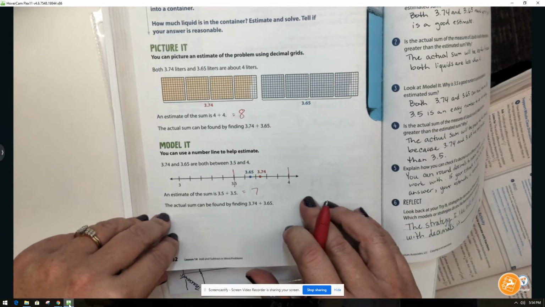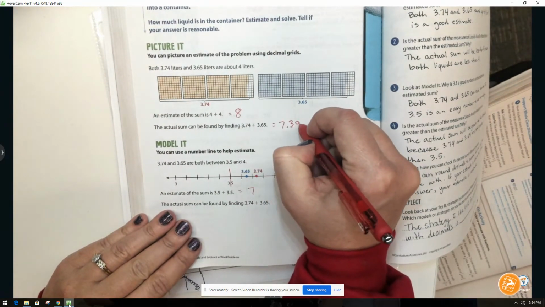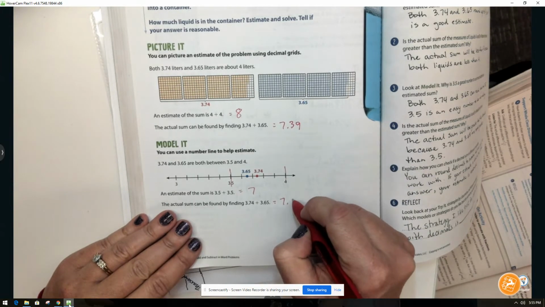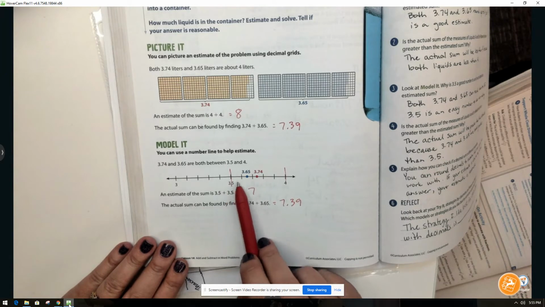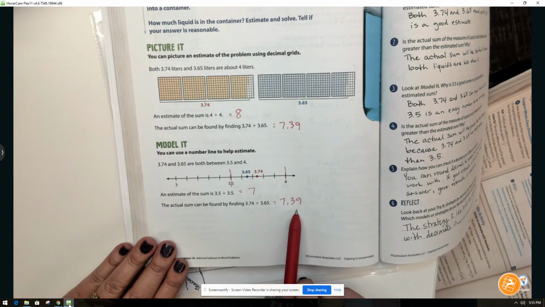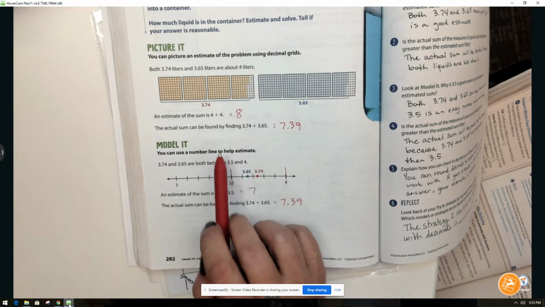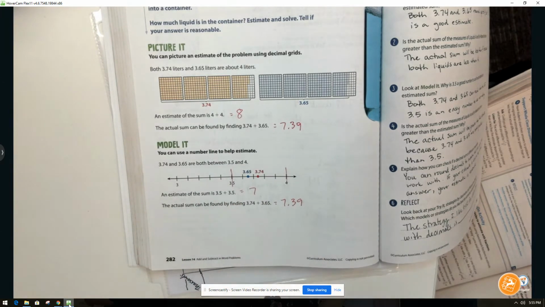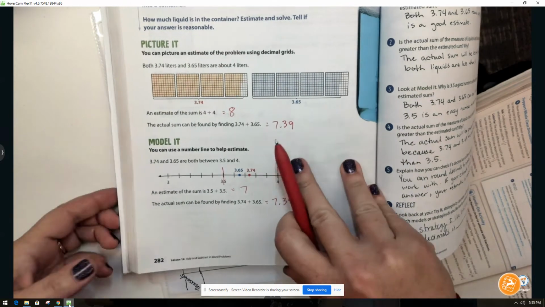Remember that our actual answer was 7 and 39 hundredths. So an estimate of 3.5, or 3 and 5 tenths, would also be a reasonable estimate because 7 is close to 7 and 39 hundredths. So rounding both decimals up to 4 or down to 3 and 5 tenths would both be reasonable estimates because they both are close to the actual answer.